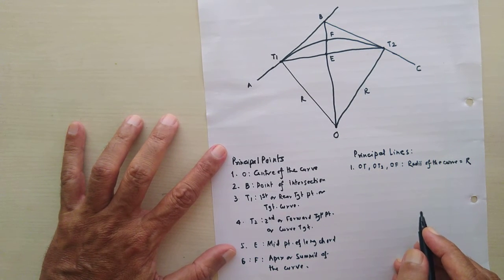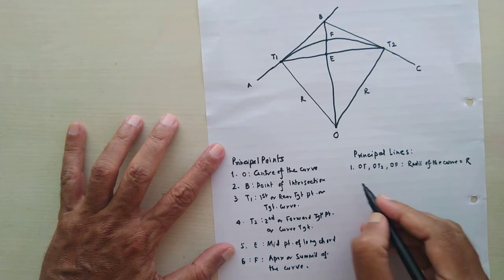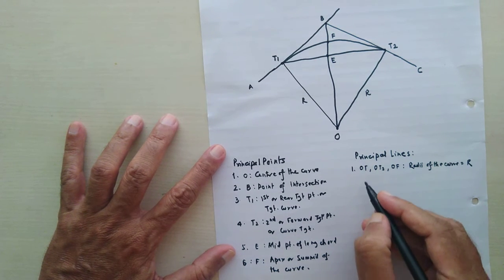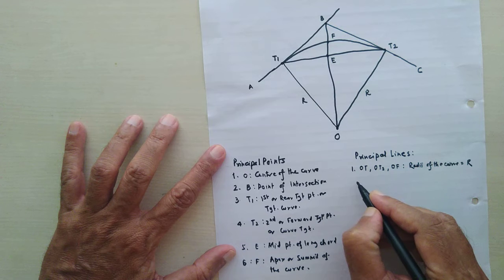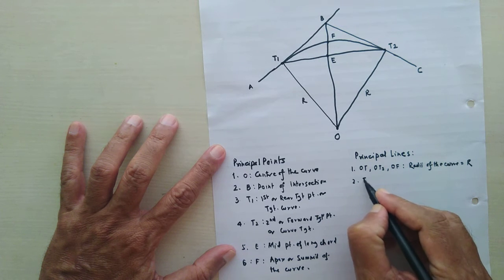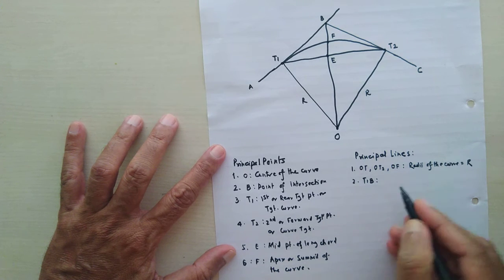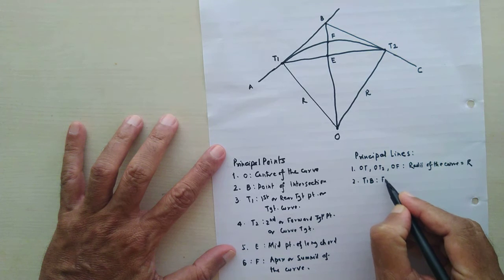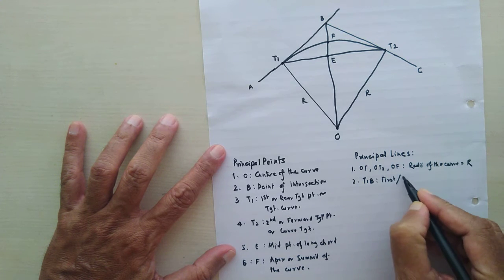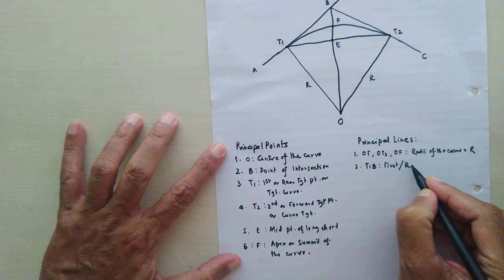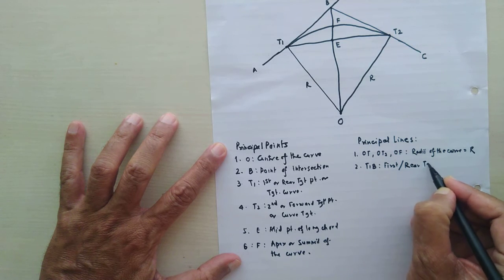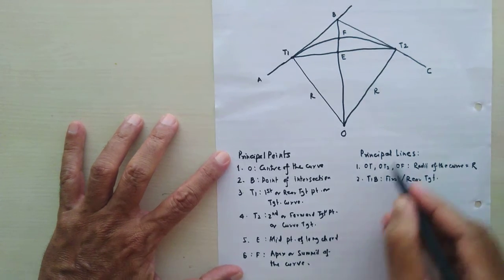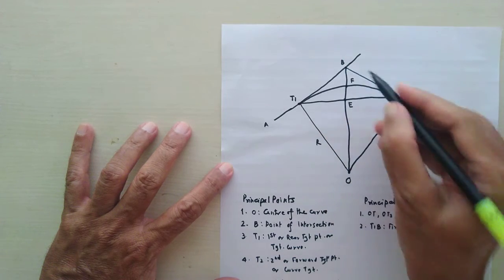Then the second principal line is T1B. T1B is called the first or rear tangent.